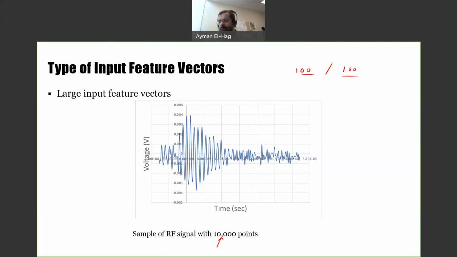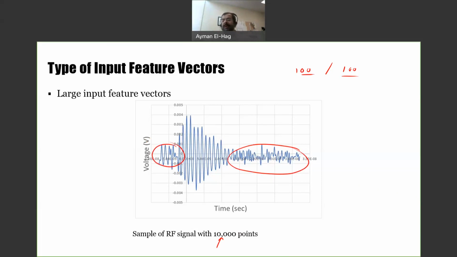So this is a huge input feature and will make the computation very, very lengthy. Plus, maybe not all parts of the signal are important for the classification. Maybe only certain features in the signal are important to classify the discharges. I don't need to enter the raw data as an input feature.